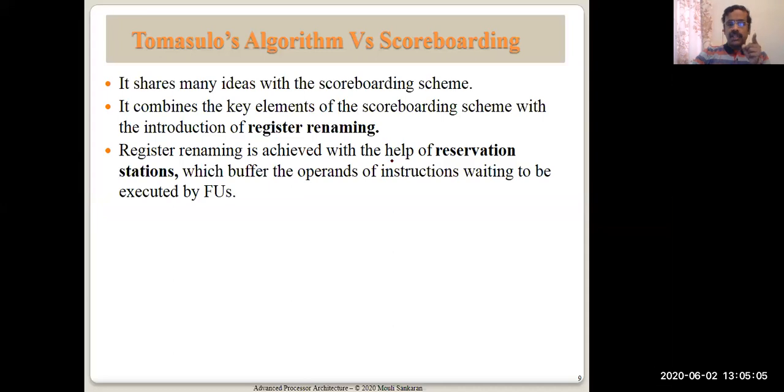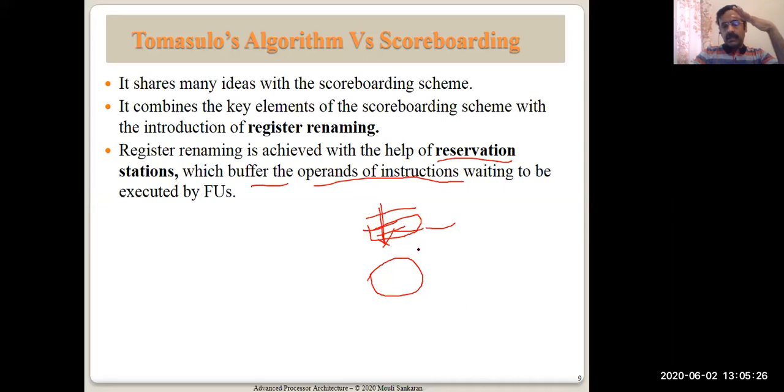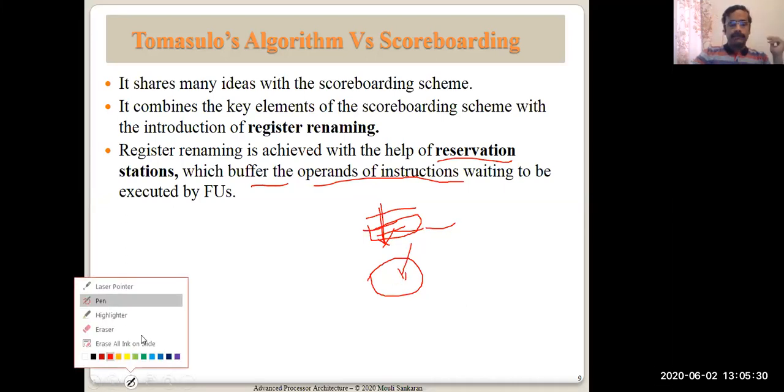Register renaming is achieved with the help of reservation stations, I told you, which are nothing but buffers for the operands of instructions waiting to be executed. So the instructions are waiting for the FU to execute them. They are all waiting, instructions along with the operands, for the FU to take them one by one and start executing.